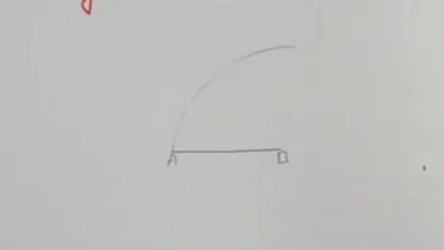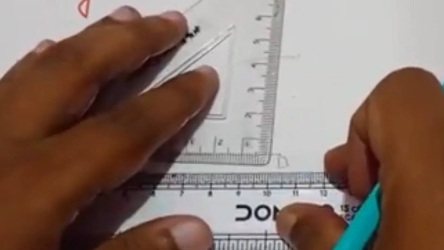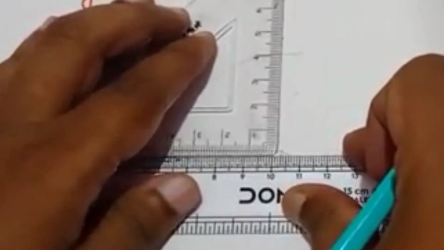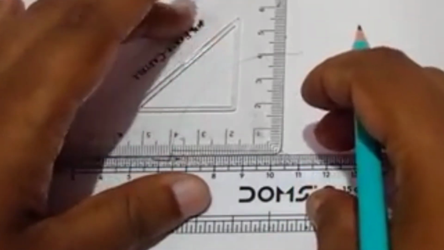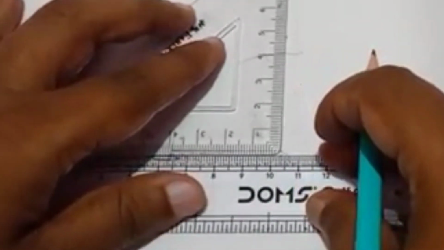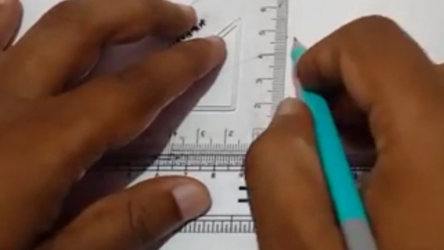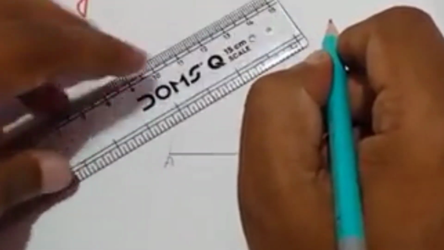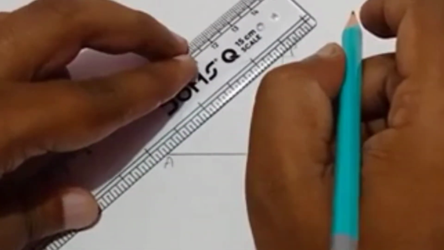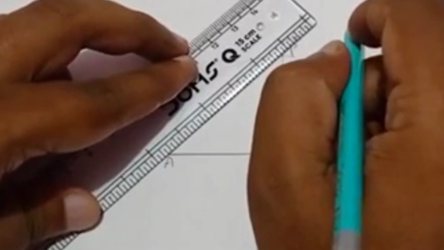Now draw a vertical line, that is a perpendicular line, passing through it. After this, consider this point as P.